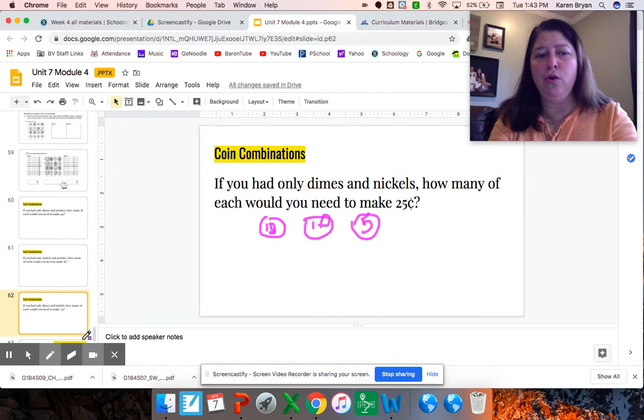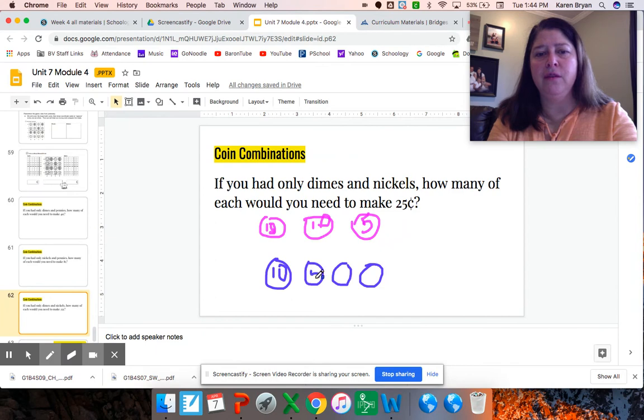But if we weren't going to use the least amount of coins, we could also make it with 1 dime. And how many nickels would we need to make it 25 cents? We could do 5, 10, 15.